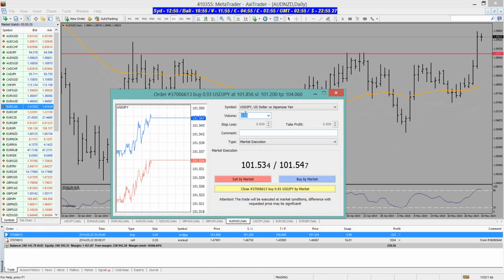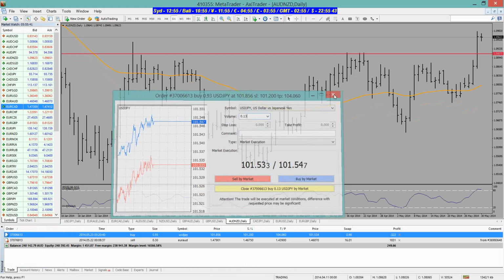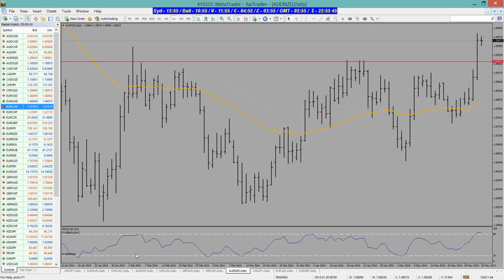So you can say whatever you put in there. If I say sell 13, it says sell 13, and it'll leave me with 80. So you work out what you need, just double click on the size column and you can do that.